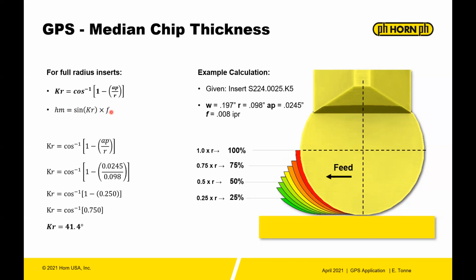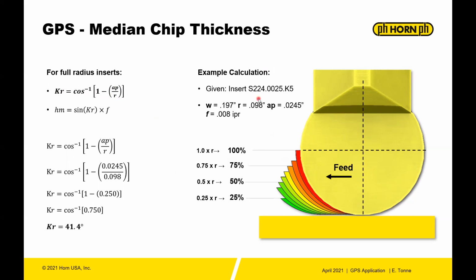The first thing you have to do is figure out, based on the shape and size of your insert, what exactly your kappa R is. And you can do that with this formula above, which is cosine inverse of 1 minus ap over R. So your depth of cut divided by R, that proportion.